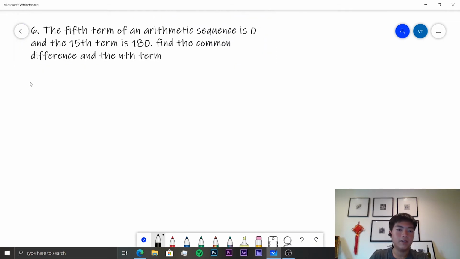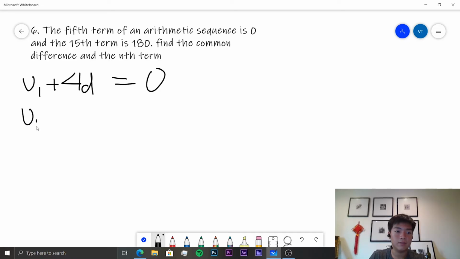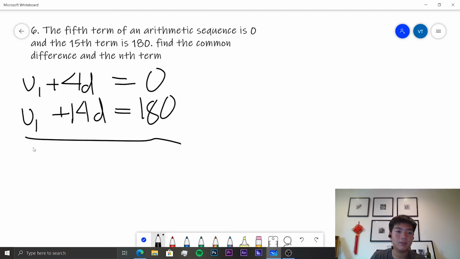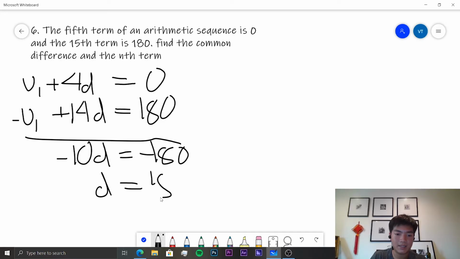So we know the fifth term, which is equal to u1 plus 4d, remember, 5 minus 1 equals 4, is equal to 0. And we also have u1 plus 14d is equal to 180. Straight away, if we just subtract these two equations, we get negative 10d is equal to negative 180. So the common difference must be 18.